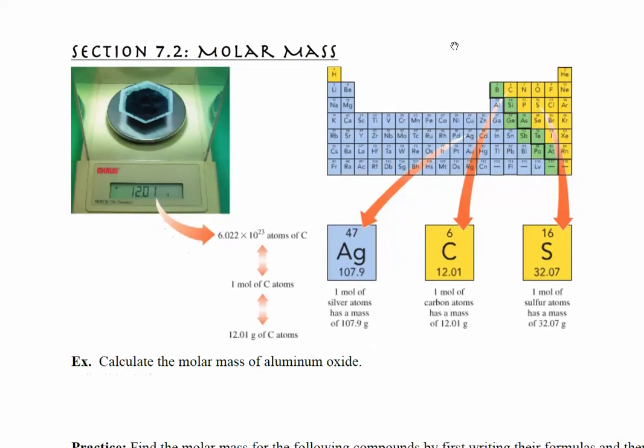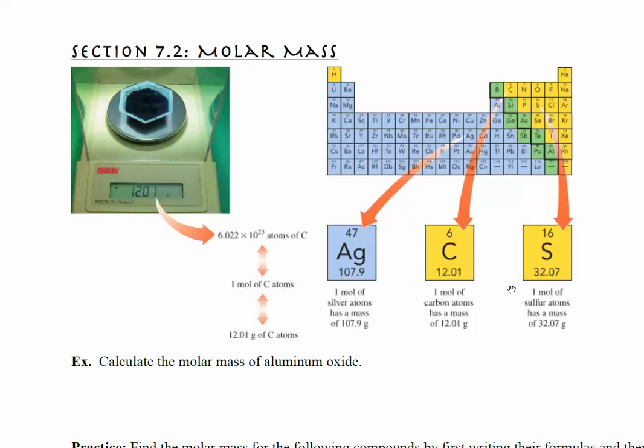Now, when we're in the laboratory, we can't actually measure the number of molecules. We can't sit there and count out molecules. So instead, what we have to do is measure the mass, and we use that with a scale.